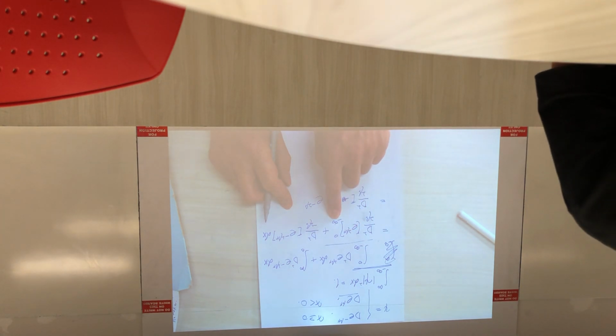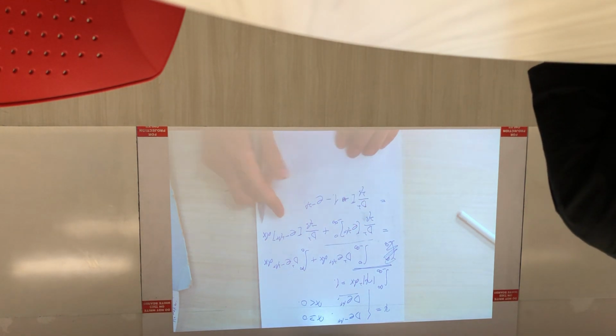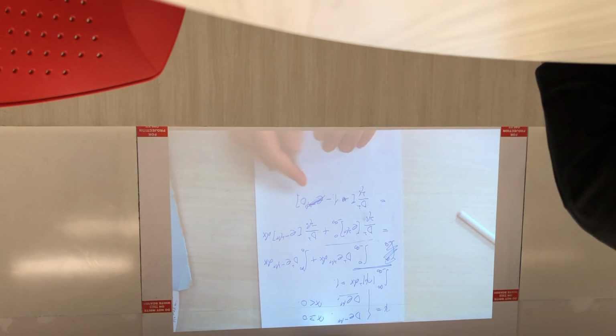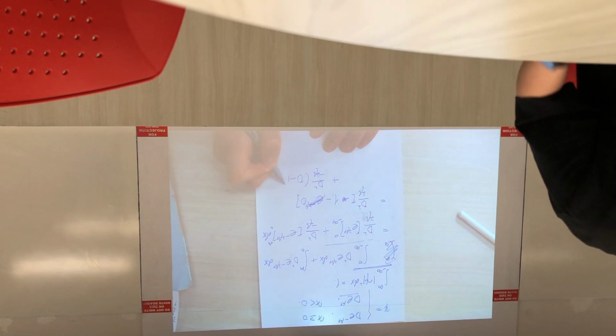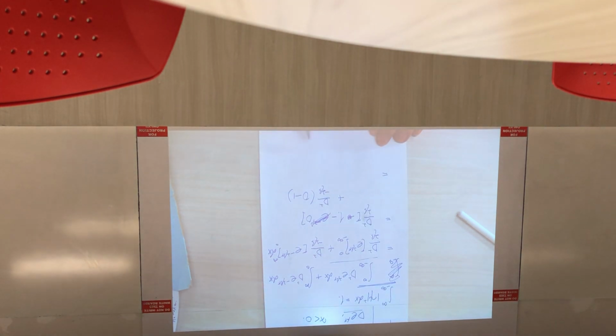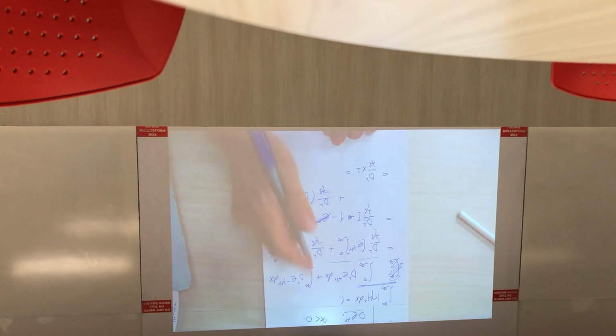Exponential minus infinity is again 0, and exponential minus 0 is 1. So we have 1, and then minus minus again 1. So this becomes d square over 2 beta times 2. Because this is a normalization condition, this becomes 1. Therefore, our d is going to be the square root.